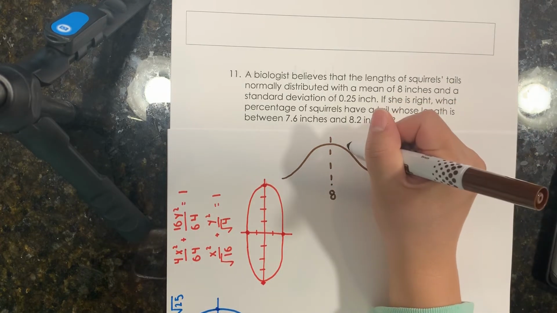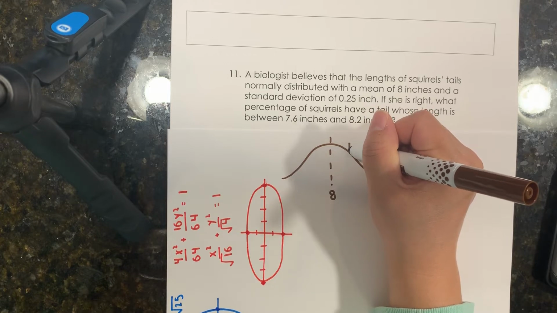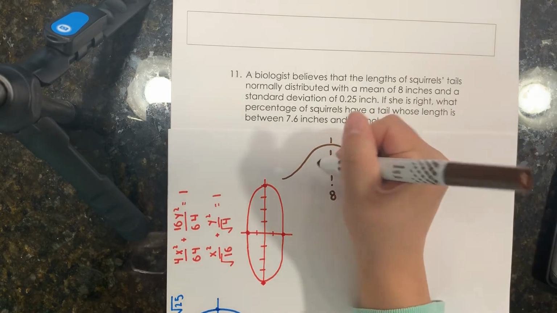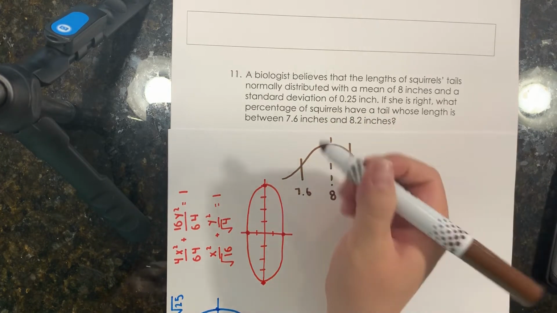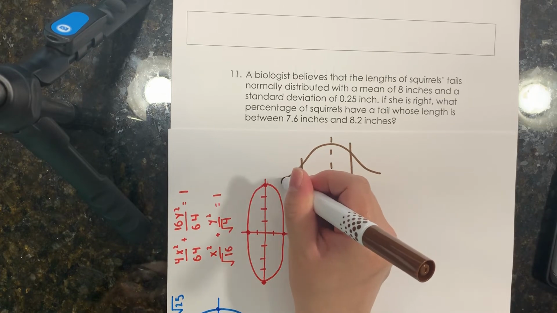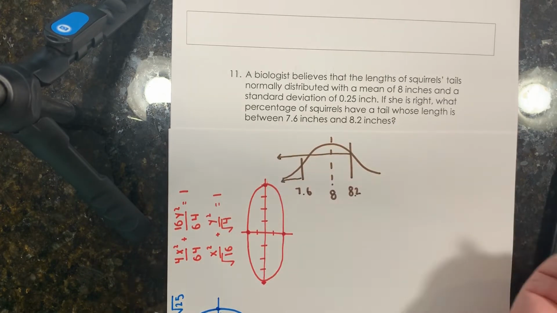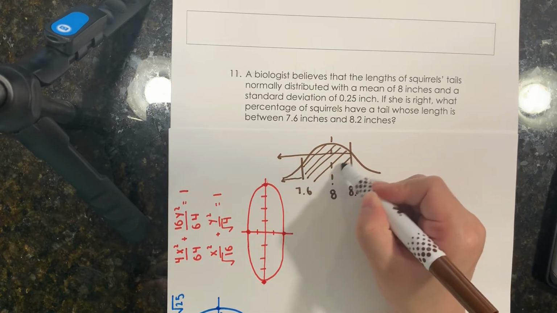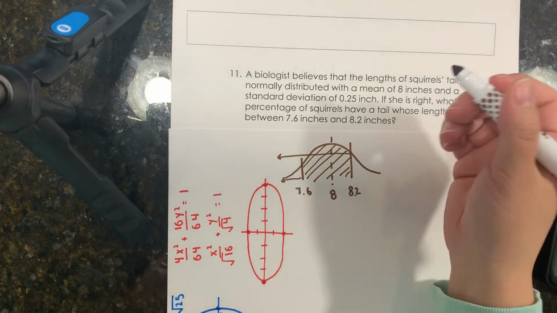So what I need to do is find the percentage that's going to fall below 8.2, and then the percentage that's going to fall below 7.6. If I can find what falls below here, and what falls below here, I would find the difference between them to solve for this percentage. So what we're going to need is that standard normal table.